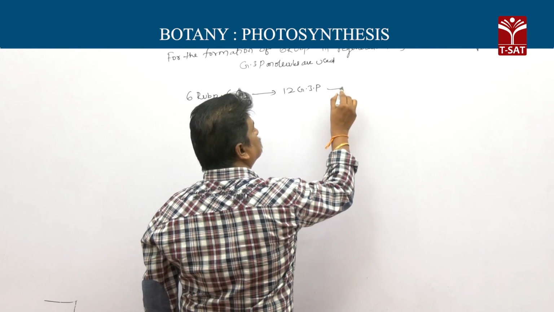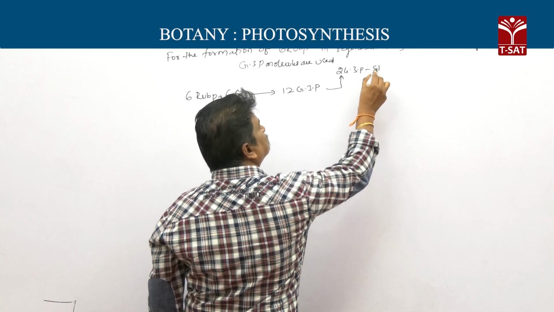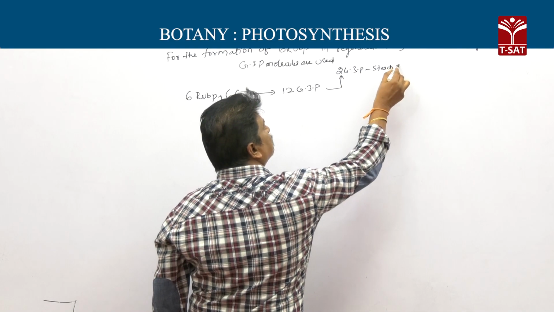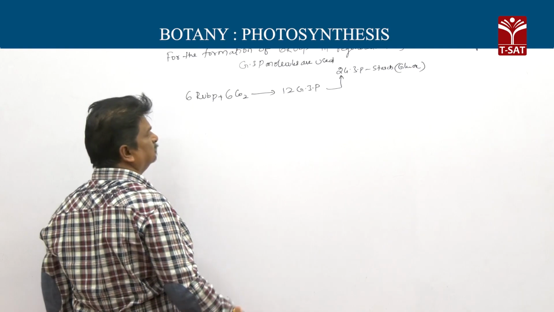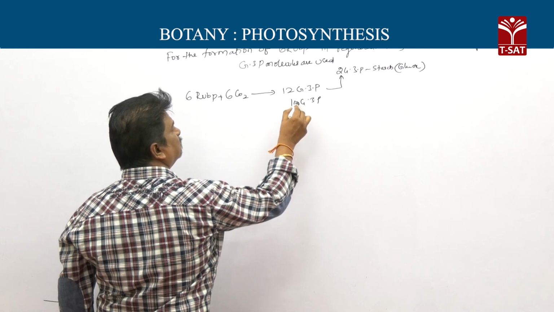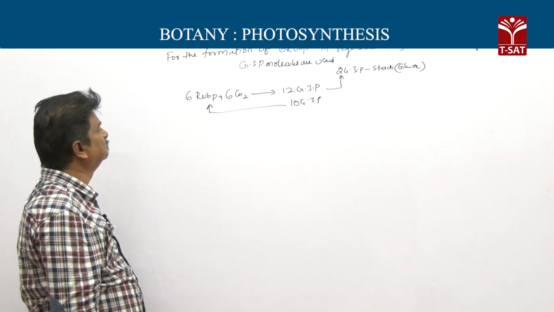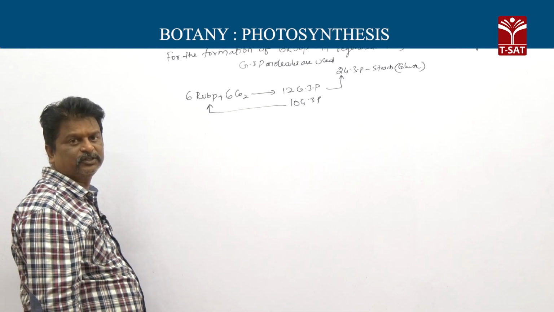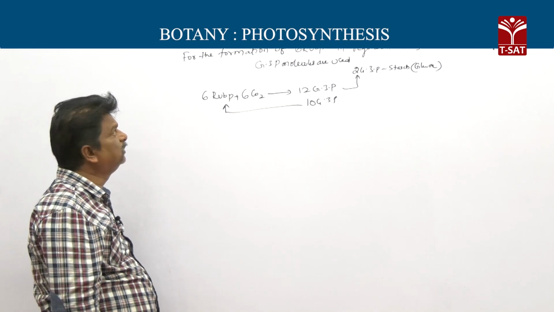Out of 12, 2 G3P are exported into the cytosol. For what? Glucose formation. So, how many G3P are left? 10 G3P are left. These 10 G3P are used for regeneration of 6 RuBP. So, the answer is 10 G3P.